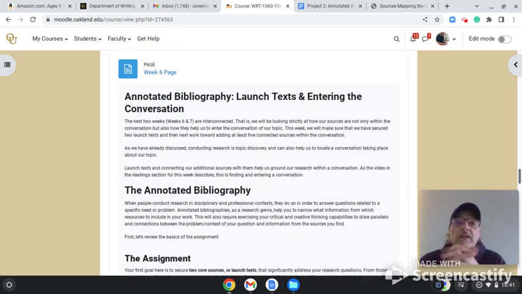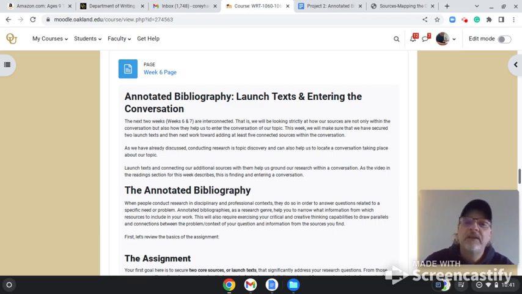So this first part here is about the annotated bibliography. One of the first things I want to do is, although we're thinking about 7 total sources, let's start there. We need 7 total sources minimum for this research paper. And we want to begin with 2, two that are really at the heart of our conversation. We call these launch texts, or I call them launch texts.